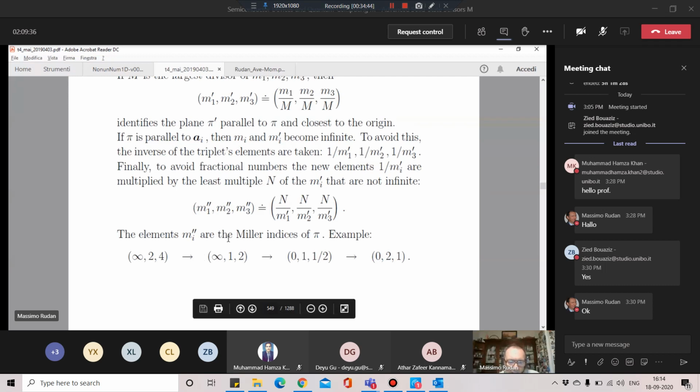So this is a plane that is parallel to the original one, but the closest to the origin. Then we take the inverse, so infinite becomes 0, 1 becomes 1, 2 becomes 1/2. So we have eliminated the infinity, but we now have a non-integer. We multiply by 2, and we get 0, 2, 1. Okay?